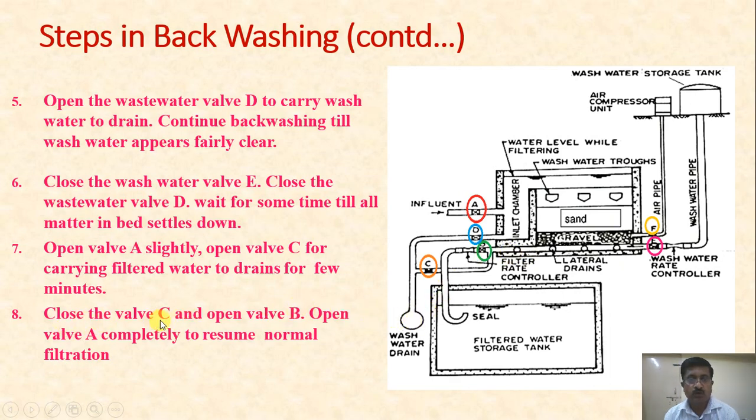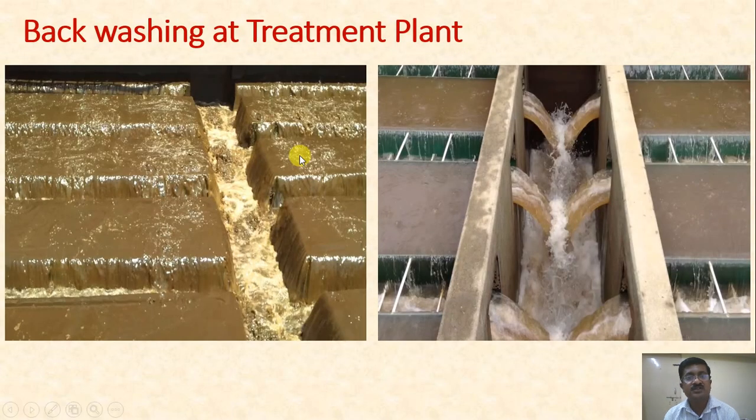Close valve C. Now we are going to close this valve C again and open valve B. Valve B is open now. Open valve A completely. Now valve A is completely open, and to resume the normal filtration, now the normal filtration will start. Okay, so very easy to understand and very interesting. Now you can see these two figures.